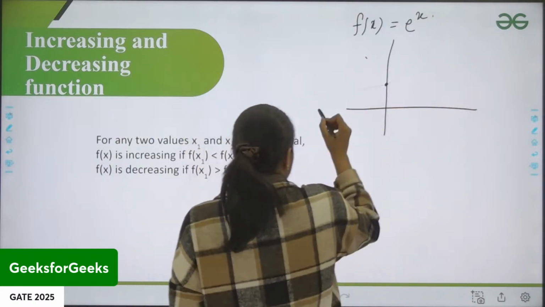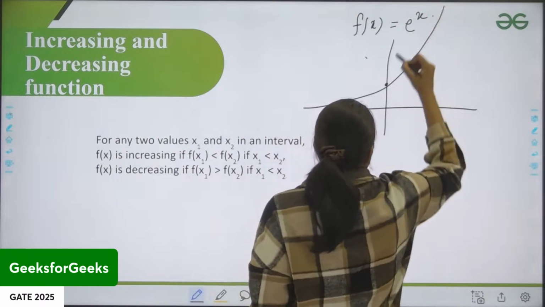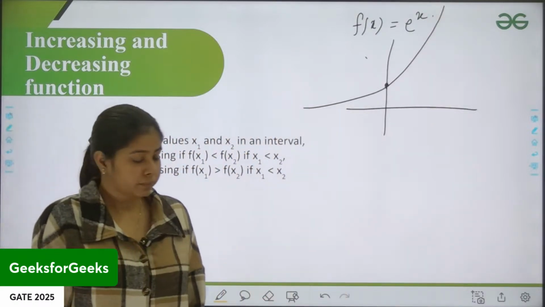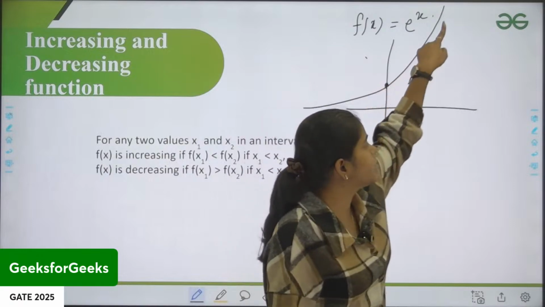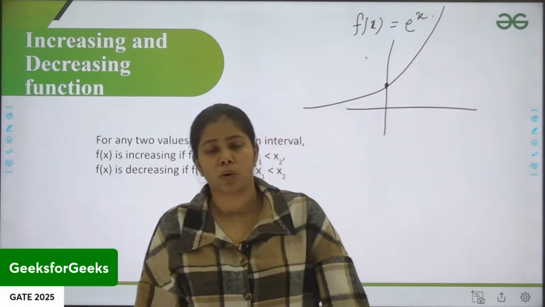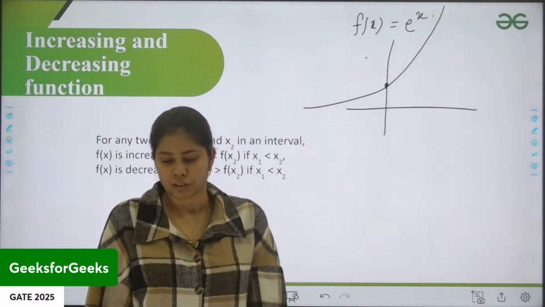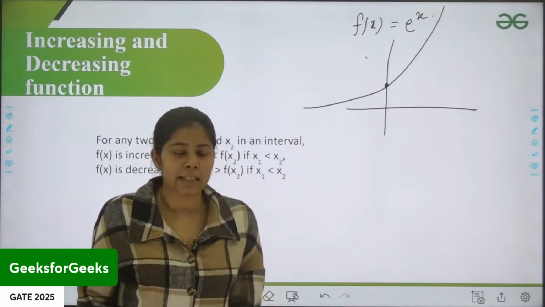Let me draw it properly. So this is the graph of the e to the power x function, because as we increase the value of x, the function's value also increases. That means e to the power x is an increasing function.